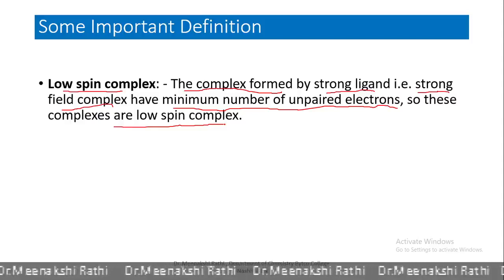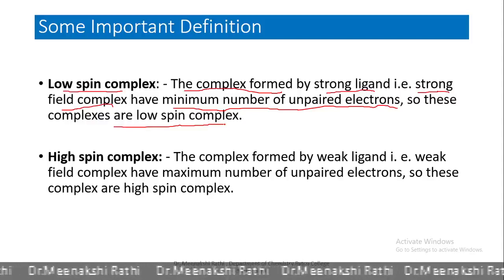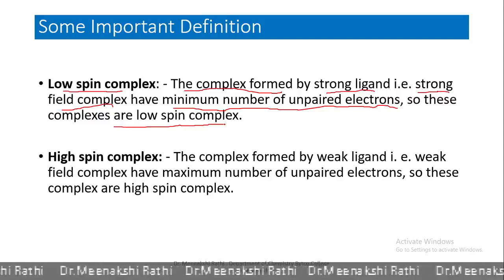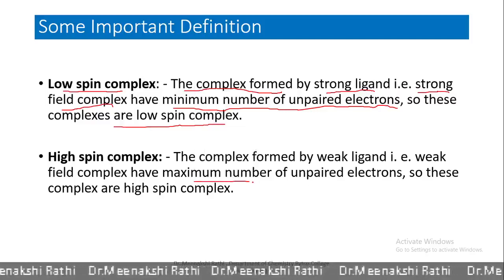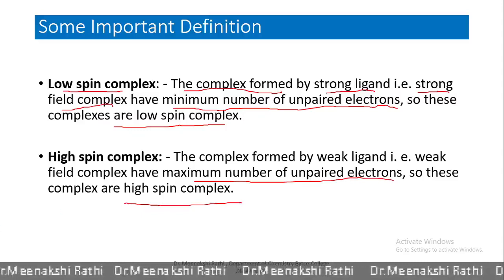So these are low spin complexes. While the complexes formed by weak ligand, that is weak field complexes, have the maximum number of unpaired electrons, and are called high spin complexes.